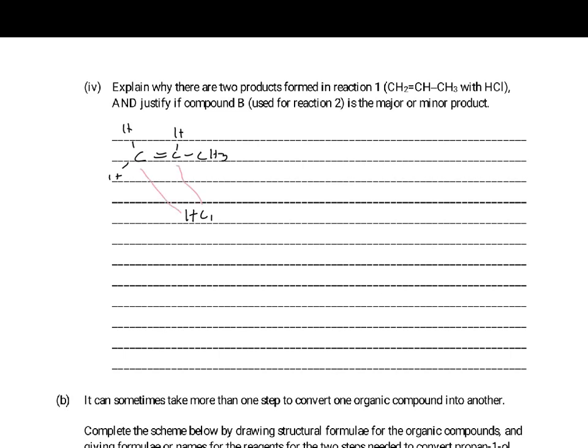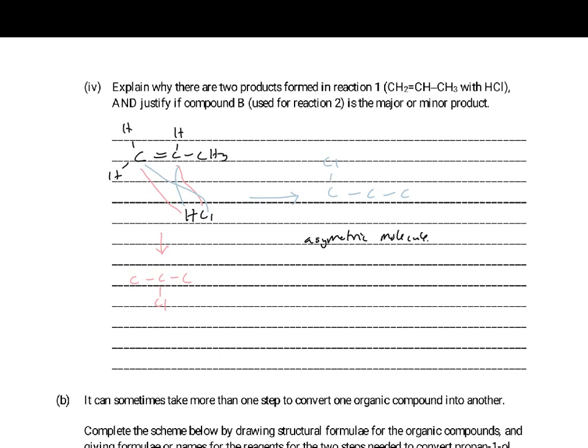If the H goes there and the Cl goes there, we're going to produce this one. Whereas if the H goes there and the Cl goes there, we are going to produce this one. So 1-chloropropane.